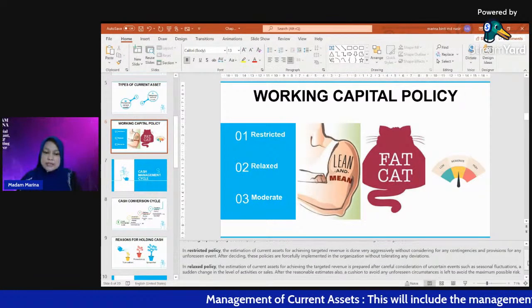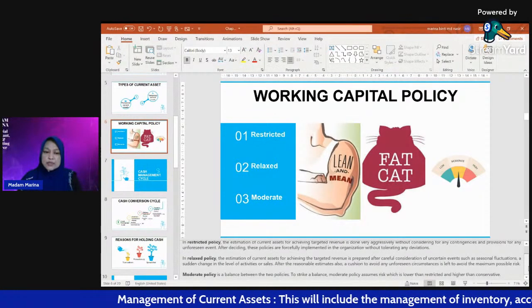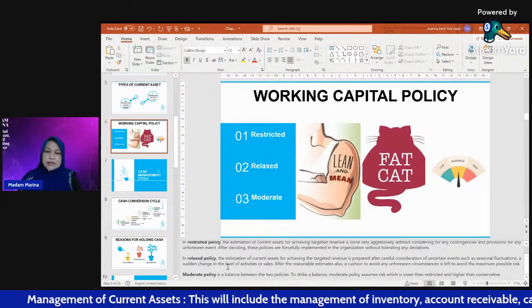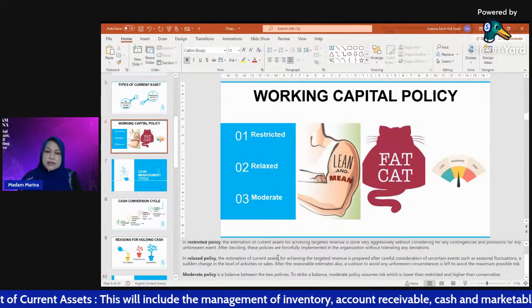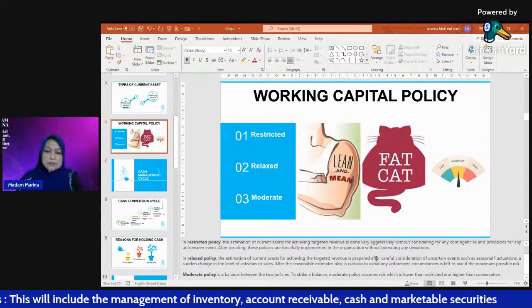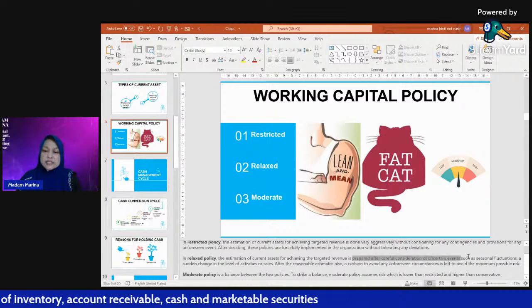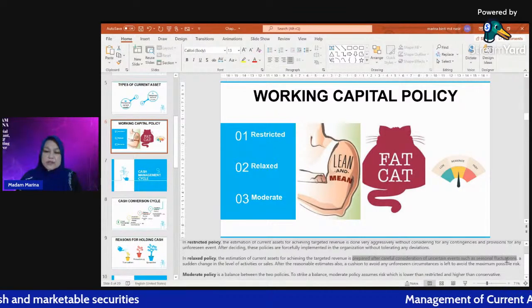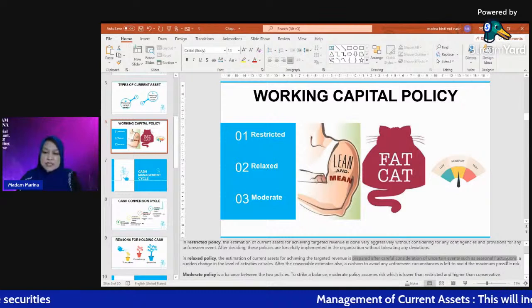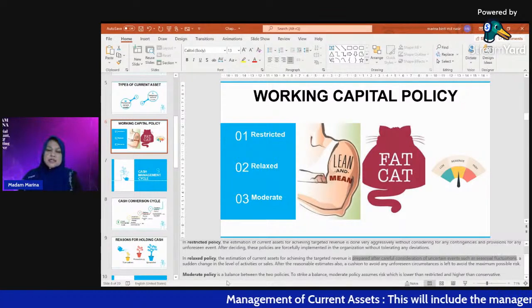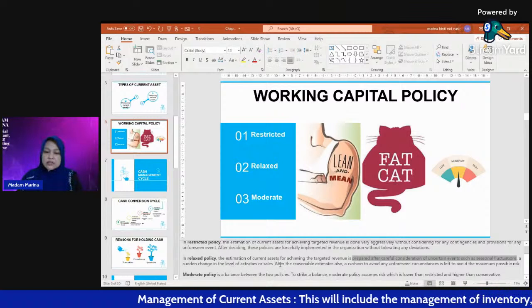Okay, the relaxed working capital policy: the estimation of current asset for achieving the target revenue is prepared after careful consideration of uncertain events such as seasonal fluctuation and sudden change in the level of sales activity.